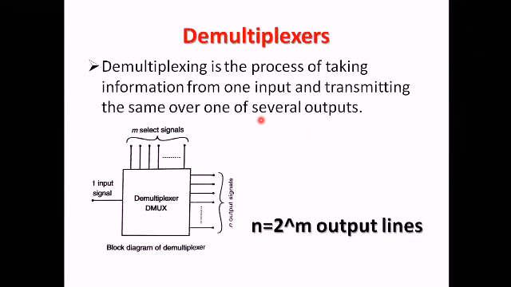So decoder does not have any data input, but in the demultiplexer we are having data input. Demultiplexing is the process of taking information from one input and transmitting the same over one of the several outputs. So the word demultiplex means one to many.